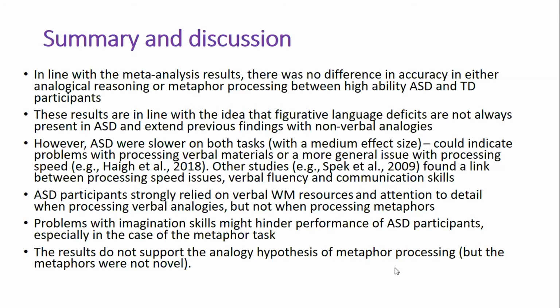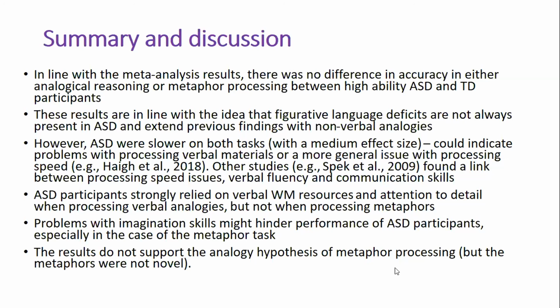But we should also note that autistic participants were slower on both tasks. So I guess one possible explanation is that they just have a general problem with verbal materials, or even more general problems with processing speed.